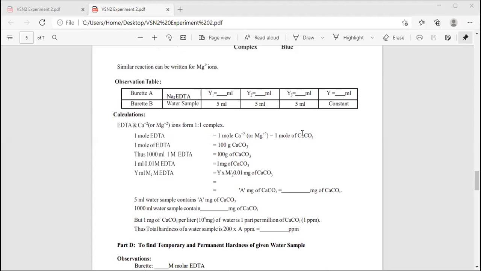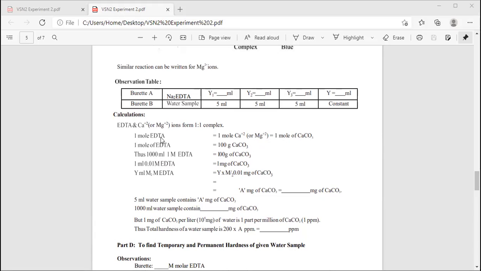But 1 mole of CaCO3 means 100 gram of CaCO3. Why 100 gram? Because CaCO3's molecular weight is 100. So 1 mole of CaCO3 is 100 gram of CaCO3. But the unit is gram, not milligram.